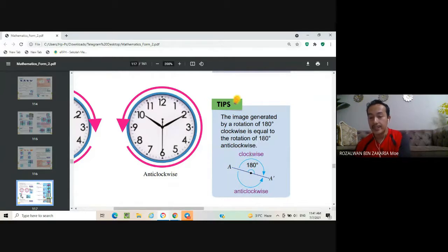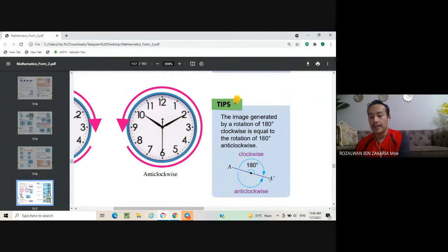So if you look at this diagram here, A is the object and A prime is the image of this object A after undergoing the rotation. After the clockwise rotation at the center point, the black dot here is the center of the rotation. The angle of the rotation is 180 degrees, so you get this image, A prime.